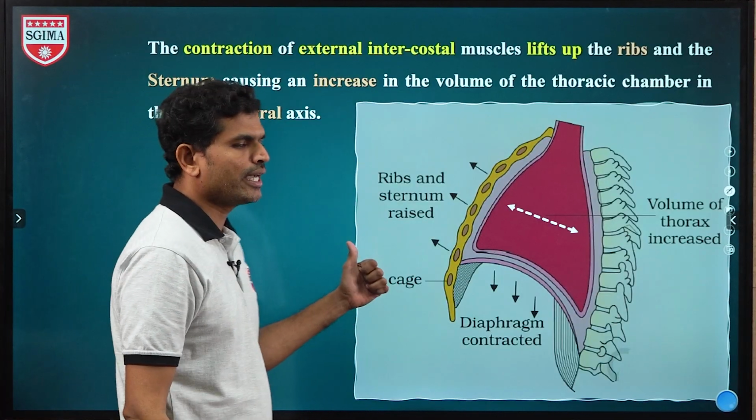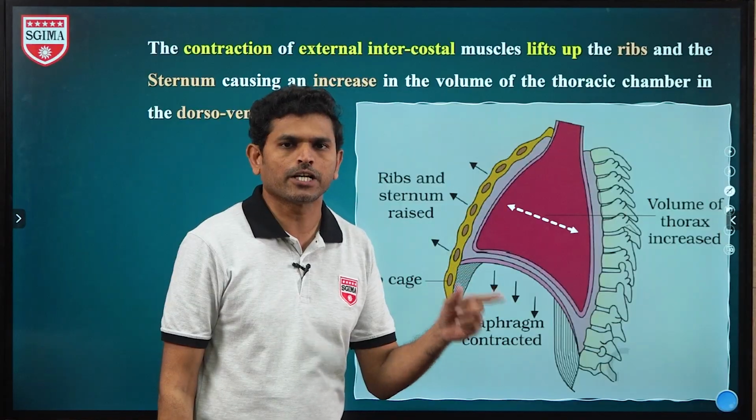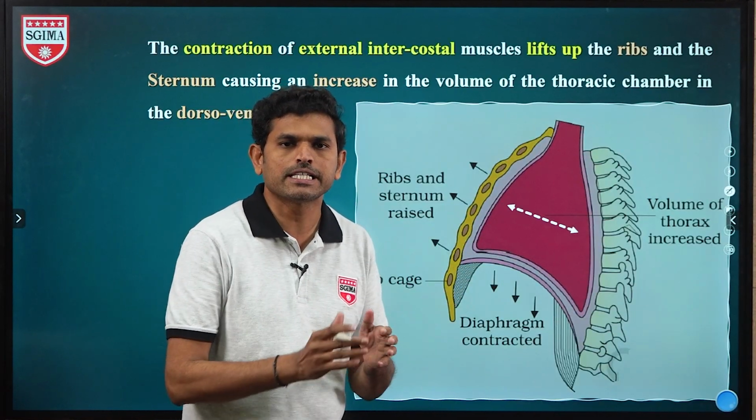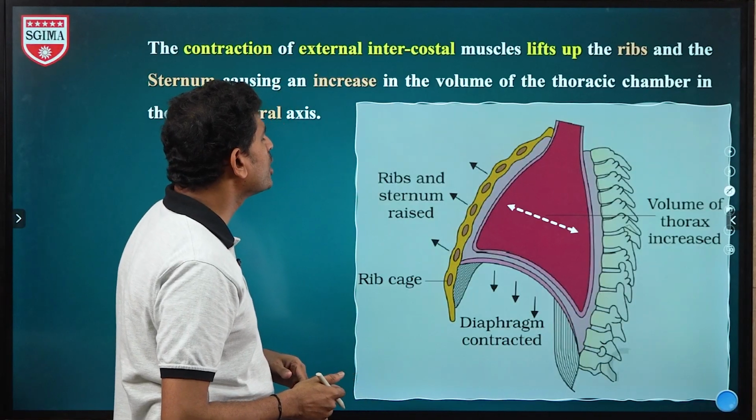Now, in the previous slide the role of the diaphragm was completed, and the second set of muscles, very important for increasing the breadth, is which one? Internal intercostal muscles.